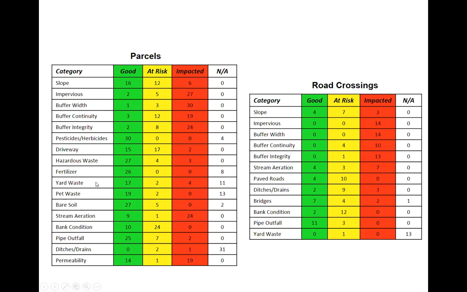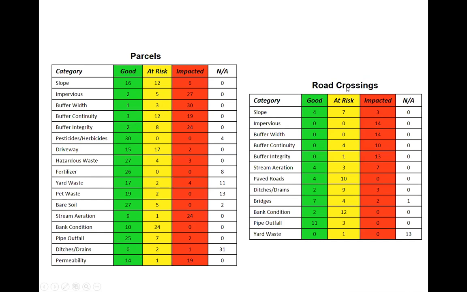So you actually can come up with a targeted education message and send it specifically to those lots to see if you could solve that problem. And so a lot of this work would be educational outreach.